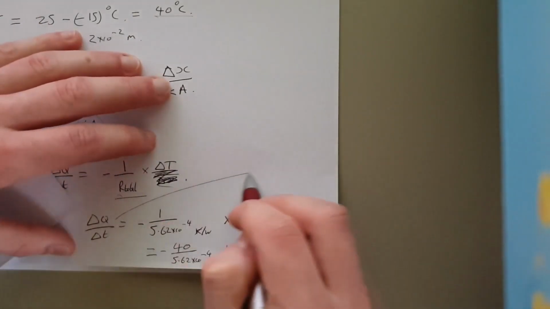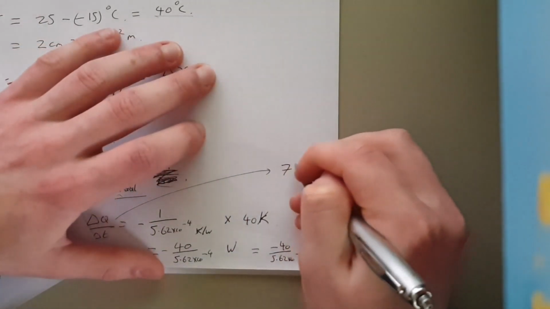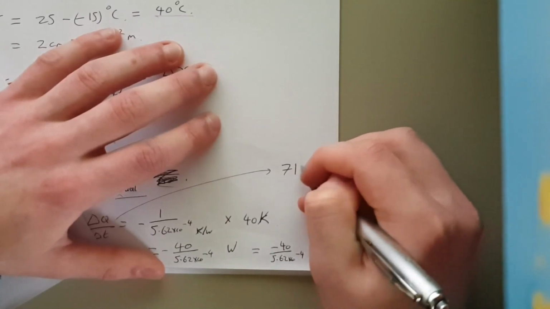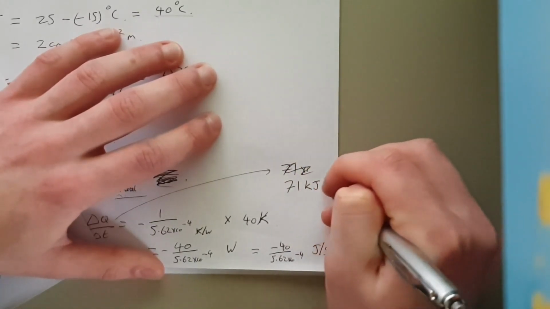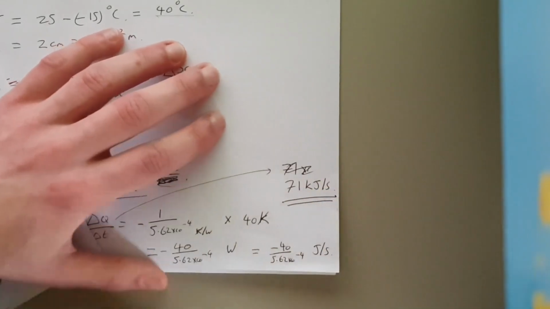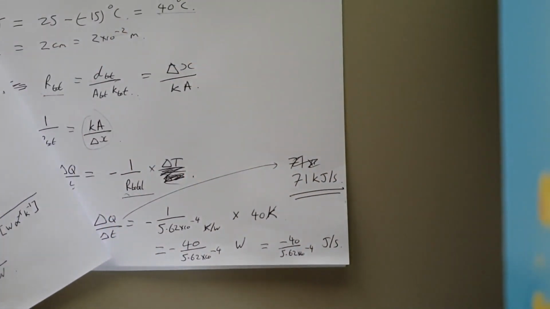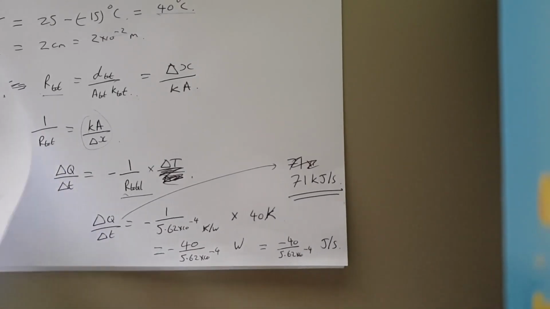So we can just say 71 kilojoules per second. That's what I think the answer is, make sure to double check.